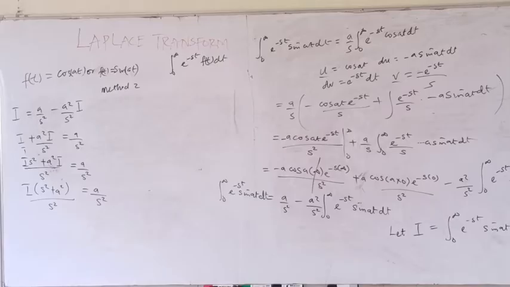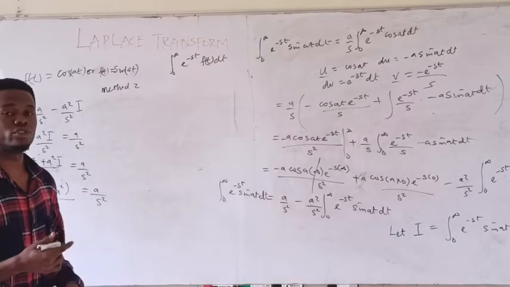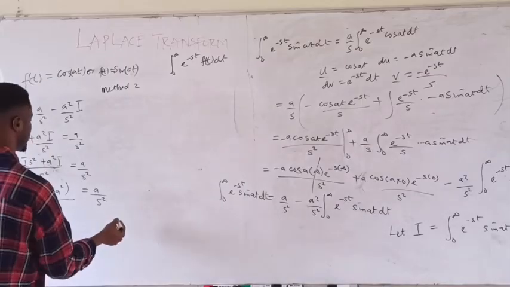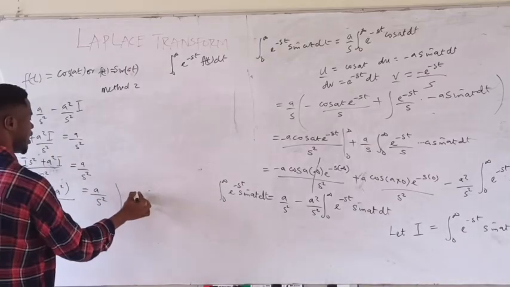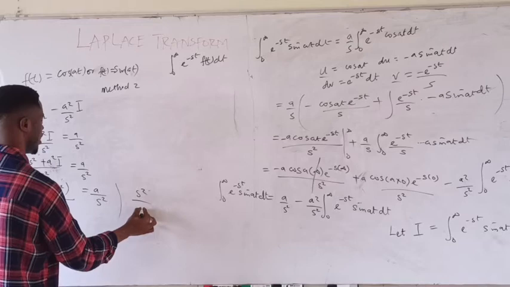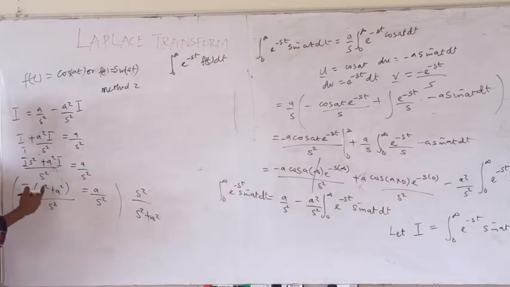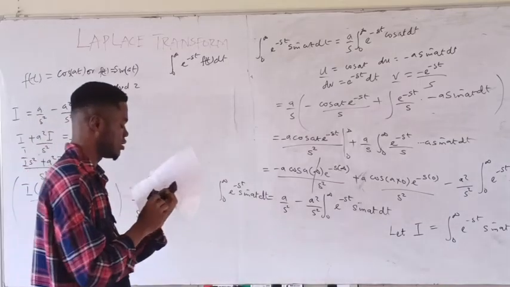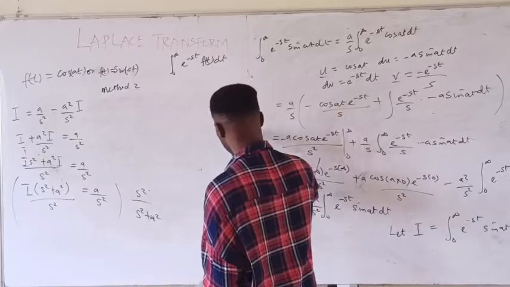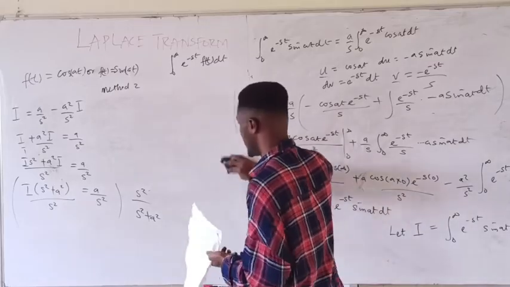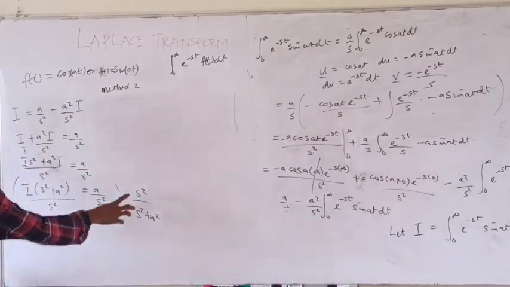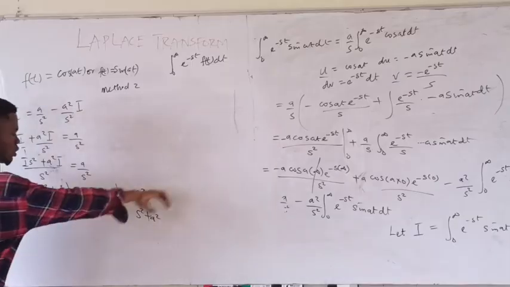Alright, but what I need to get is the value of my I. So I'll multiply both sides by s squared over s squared plus a squared. I'm going to multiply by the inverse of this function to eliminate all my I's. So s squared multiplies s squared will go.